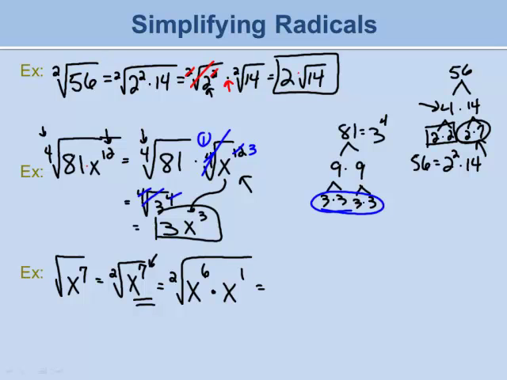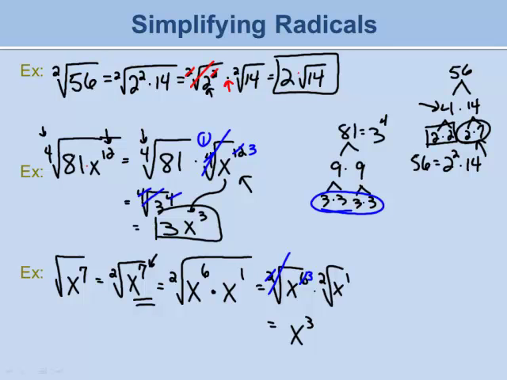Now we're going to split that radical sign over our individual factors. So we've got the square root of x to the 6th times the square root of x to the 1st. Now on this first factor, 2 goes into 6 and leaves us with 3. We completely canceled out that root, so our sign goes, and for this first term we've got x cubed left without the radical sign.